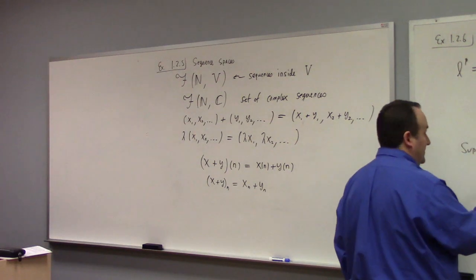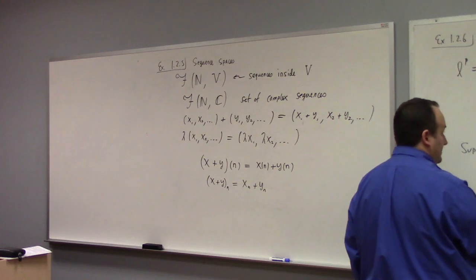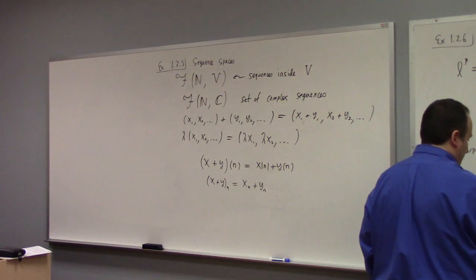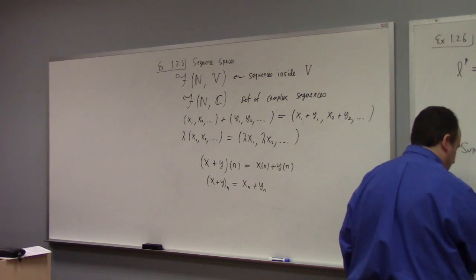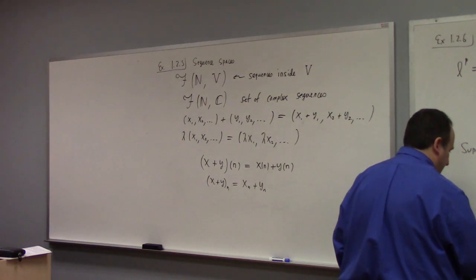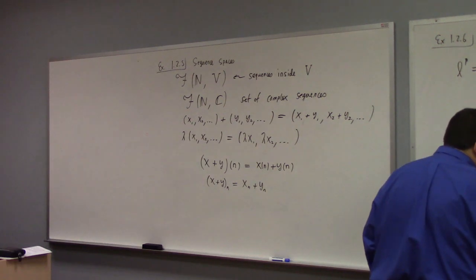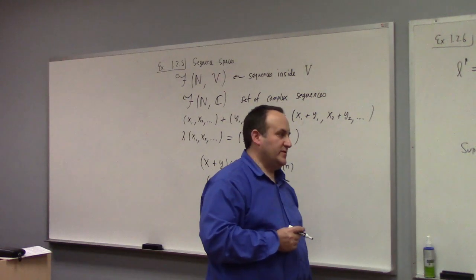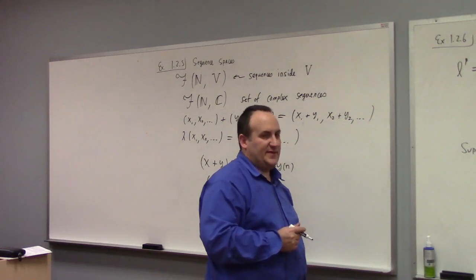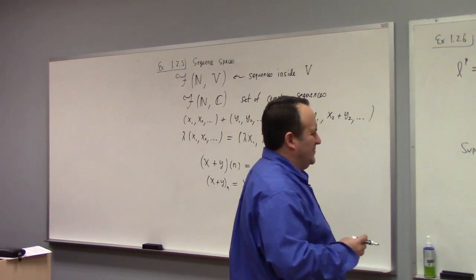That gives you that the sum from n equals 1 to infinity of the modulus of x_n to the pth power is less than infinity, and the same for y. But what do we need if we're going to apply the subspace test? I guess the constant might be okay.